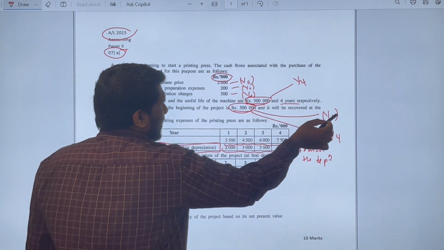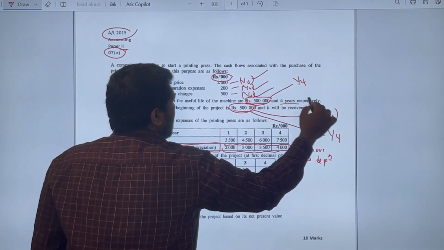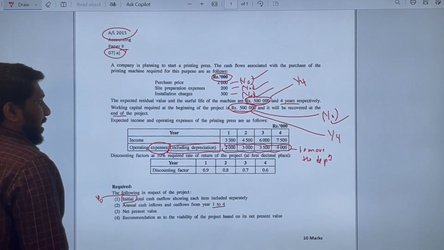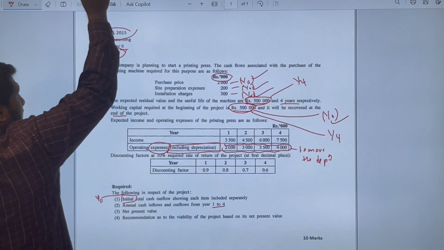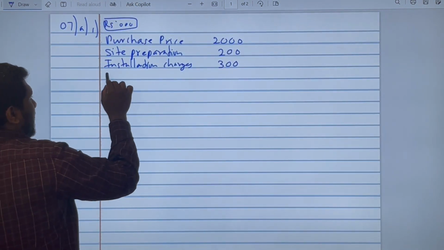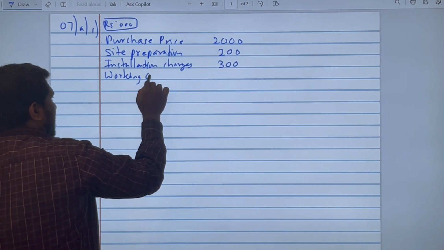For the working capital purpose, we have to have an outflow of 500,000 working capital.